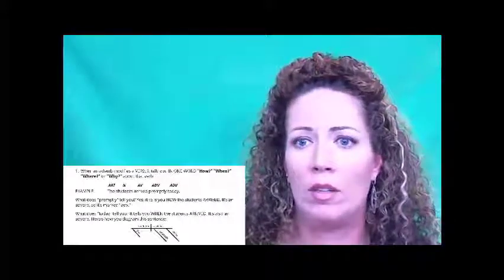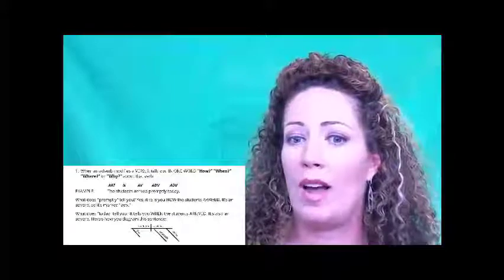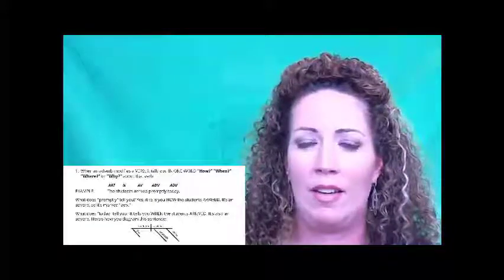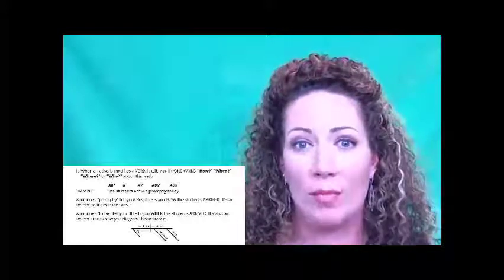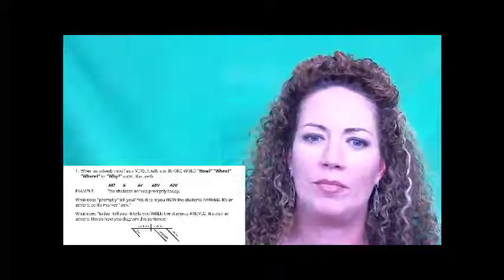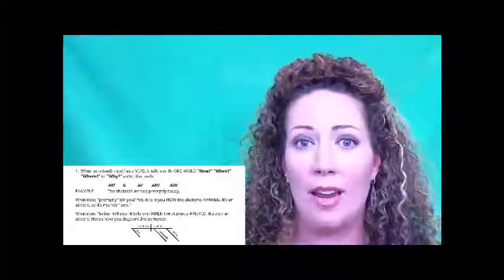So when an adverb modifies a verb, it can tell you how, when, where, or why about that verb. So in our example, the students arrived promptly today. Promptly tells you how they arrived. It's an adverb, so we'll mark it ADV. What about today?